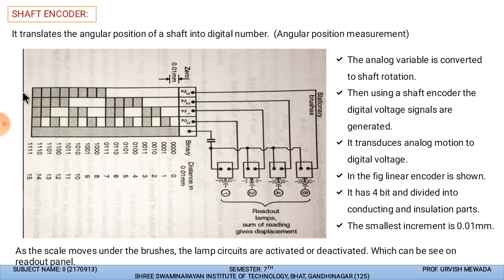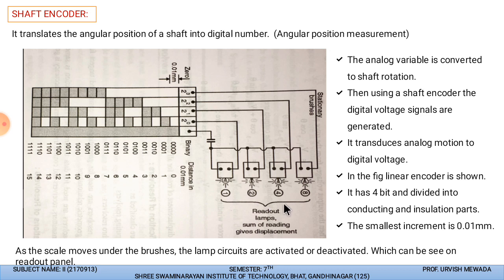When the four brushes reach this point, light penetrates, and the sources will have the output. Then all these bulbs will glow, and this readout lamp will sense the output of the glowing LEDs, say 1, 2, 4, and 8.